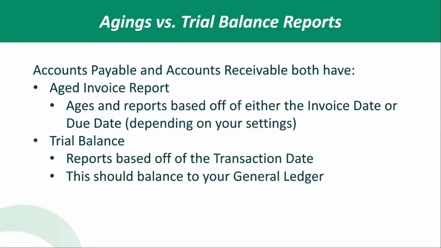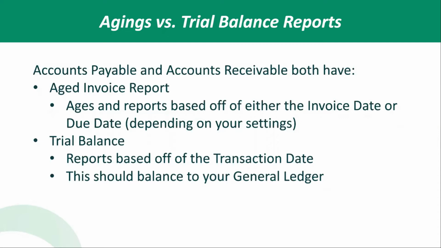Often your aged invoice report will also balance to the general ledger, but you do have situations like today, it's the 13th of May. Let's say today you get an invoice in the mail that was dated April the 30th, and you've already closed, you've printed your financial reports, you're done with April, and you don't want to post that expense back to April. This most often happens with vendor invoices. With the customer invoices, you have more control, so it's easier.